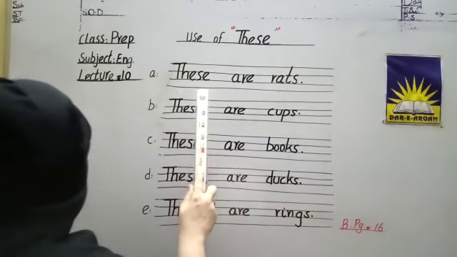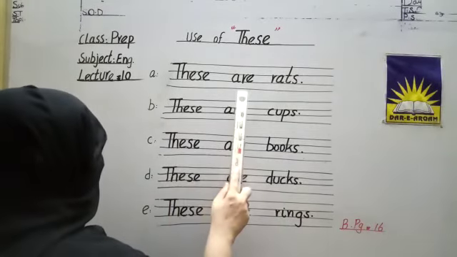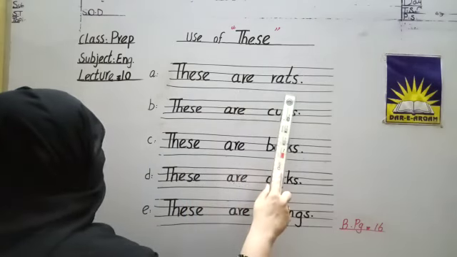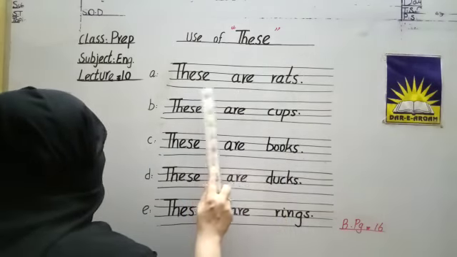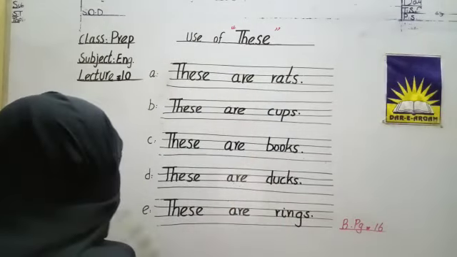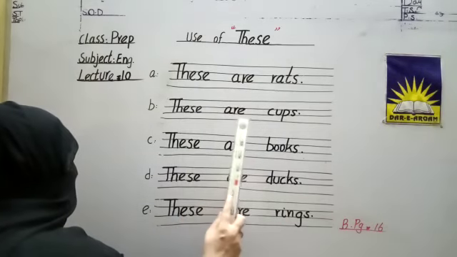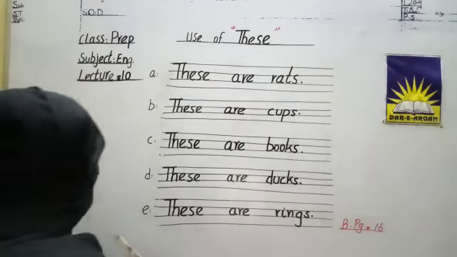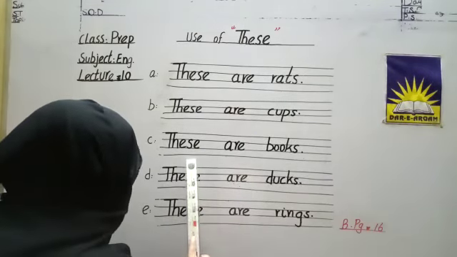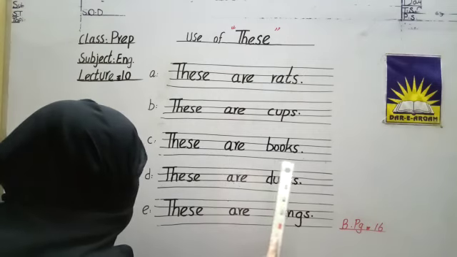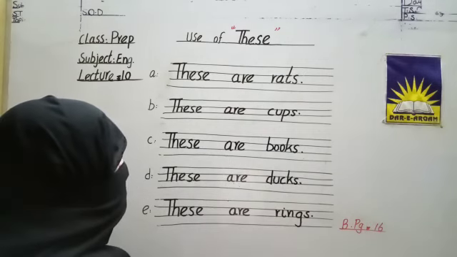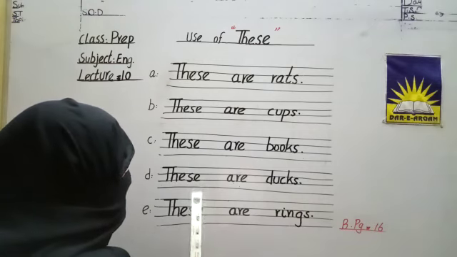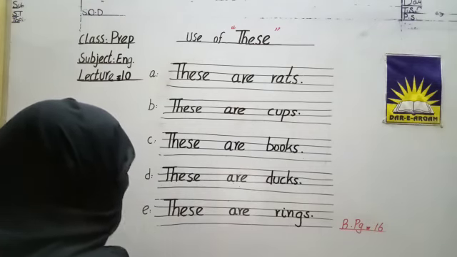Once again, these are rats. These are cups. These are books. These are ducks.